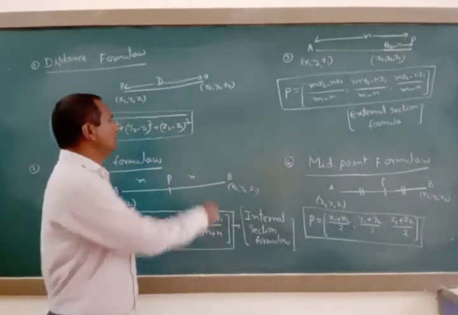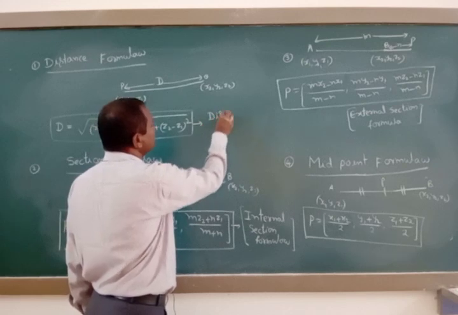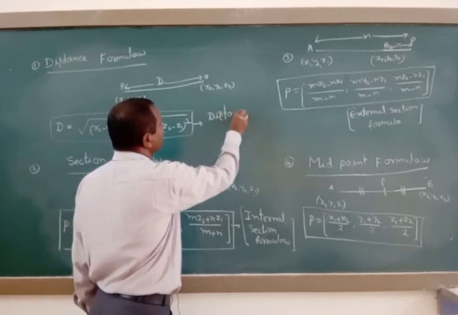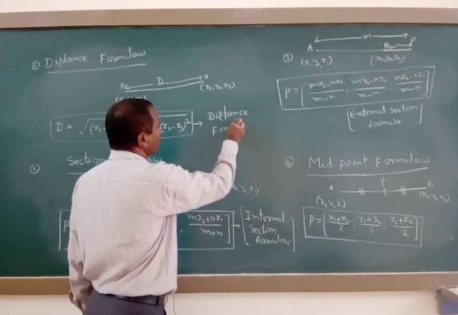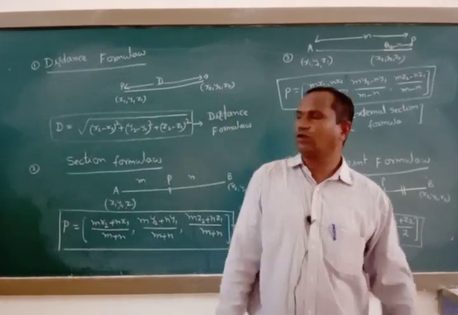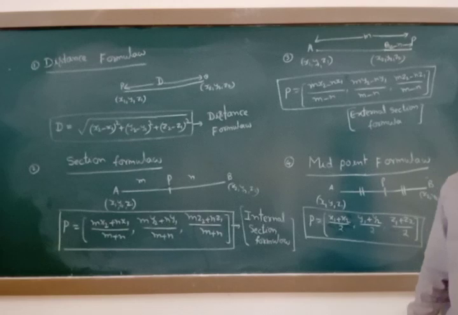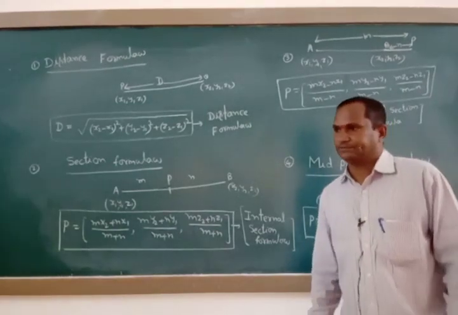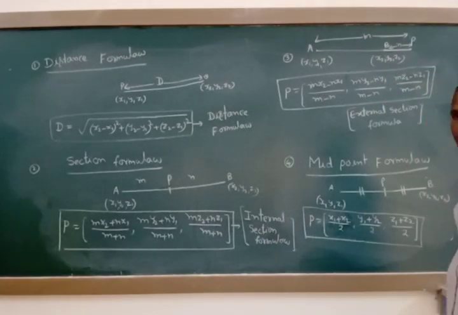Like that, we see different types of formulas here, because we will use all these formulas to solve different types of problems in three-dimensional geometry. These are the distance, section, and midpoint formulas.